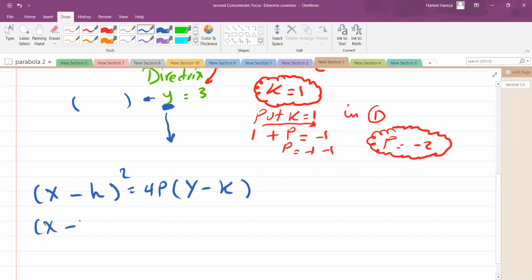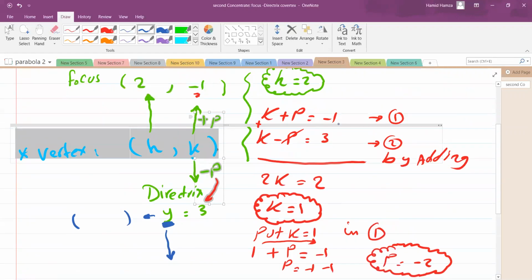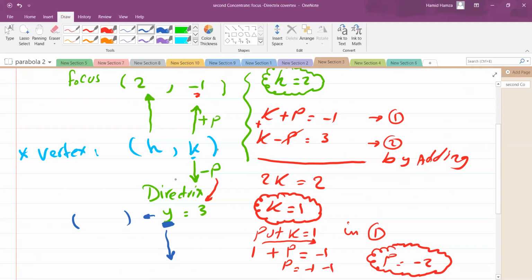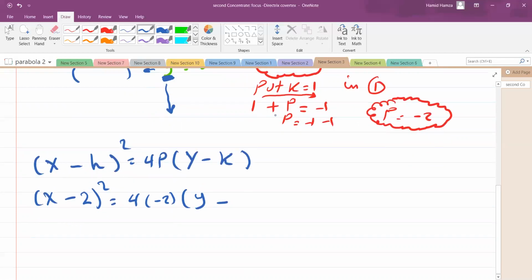X minus H, where H is 2, so (x minus 2) raised to power 2 equals 4 multiplied by B, which is negative 2, times (y minus K), where K is 1.